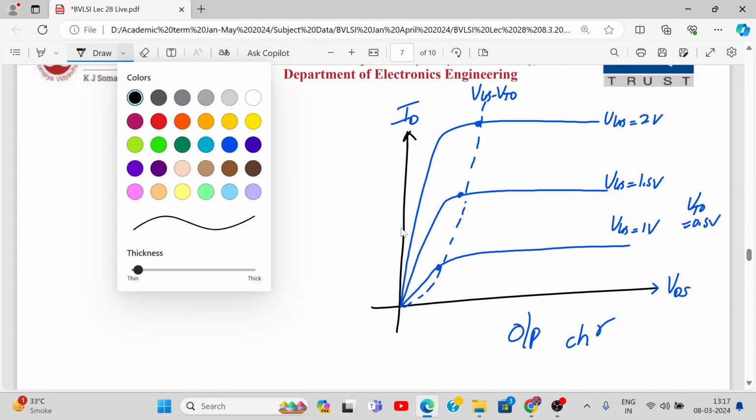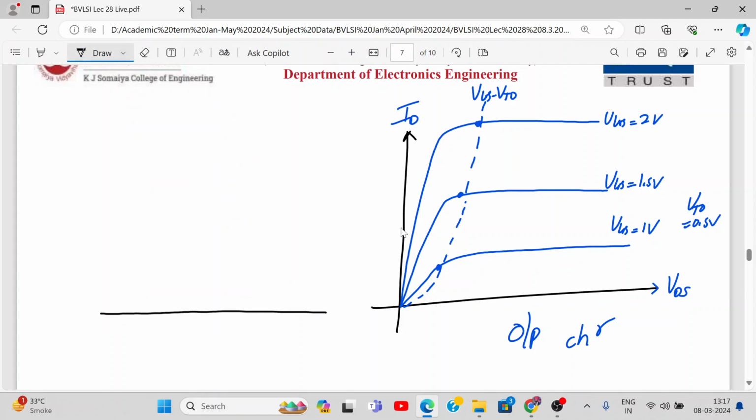Now how will you get transfer characteristics? From here only, right? So this is ID versus VGS. So VGS equal to 1 volt will be here, 1.5 here, 2 volt here. So at 1 volt you will get some current which is here correspondingly. Mark this. Then for 1.5 it will be over here, for 2 it will be over here, and at 0.5 this is VTO.